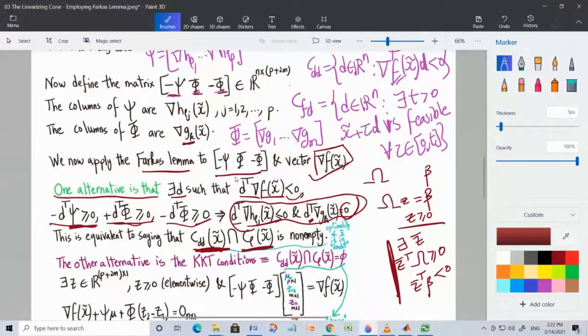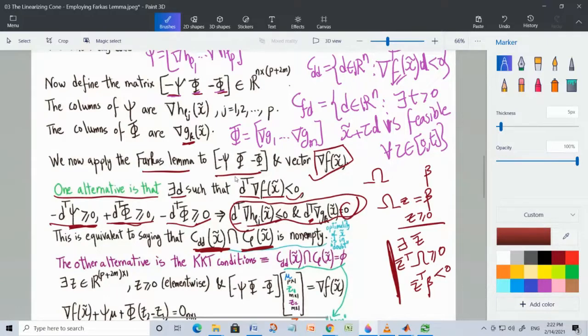Well, the problem is this. The cone of feasible directions is a subset of the linearizing cone. So basically, we are afraid that this means there is an intersection between the cone of descent directions and the cone of feasible directions.